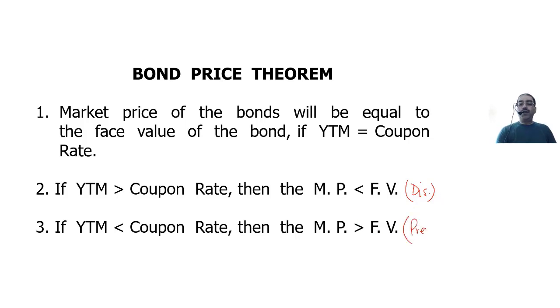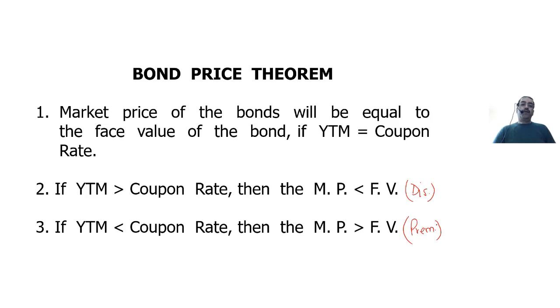That means you are issuing at premium. You have not copied? Okay. Three things. Market price of the bonds will be equal to the face value if YTM is equal to coupon rate. If YTM is greater than coupon rate, then market price is less than the face value. And if YTM is less than the coupon rate, then market price is greater than the face value.